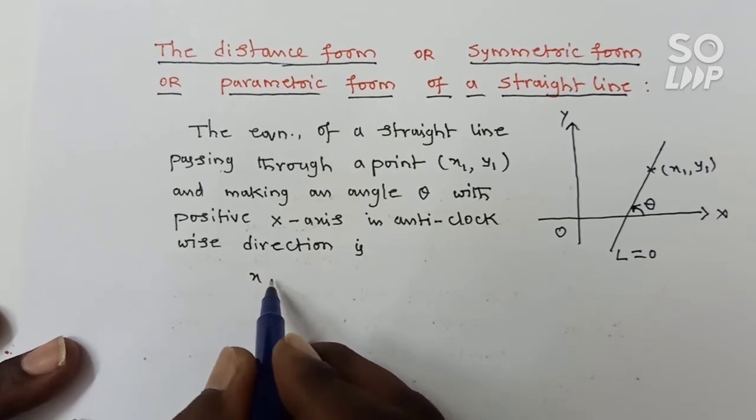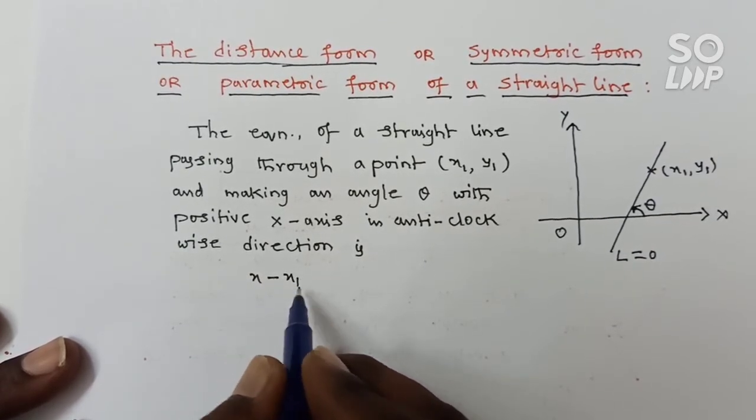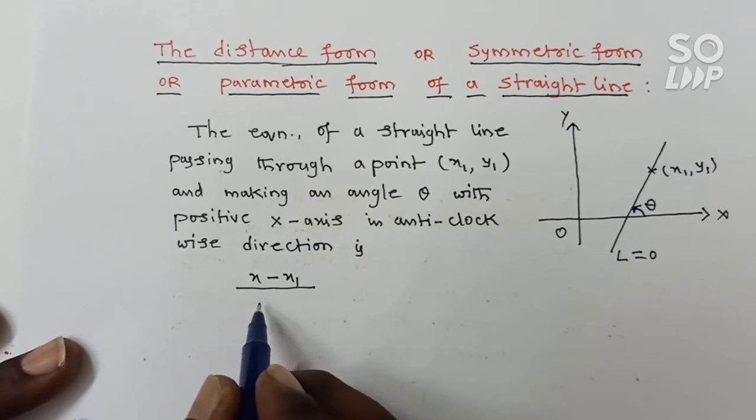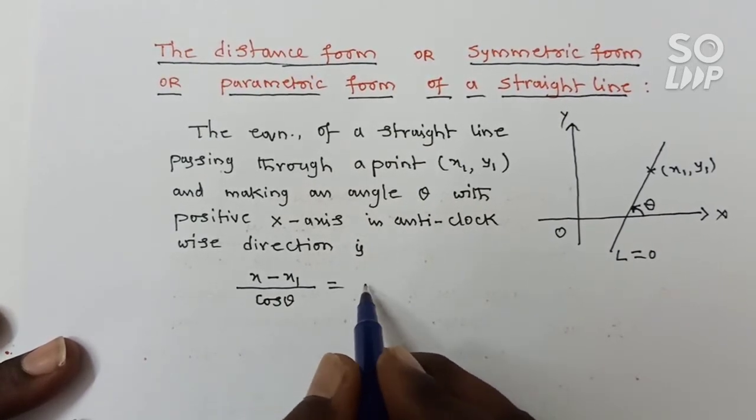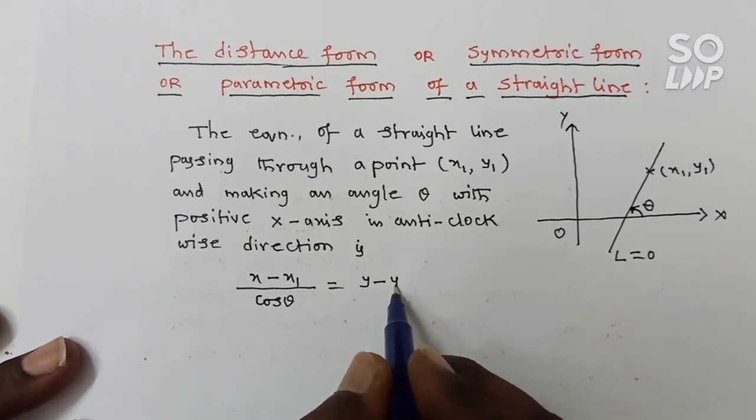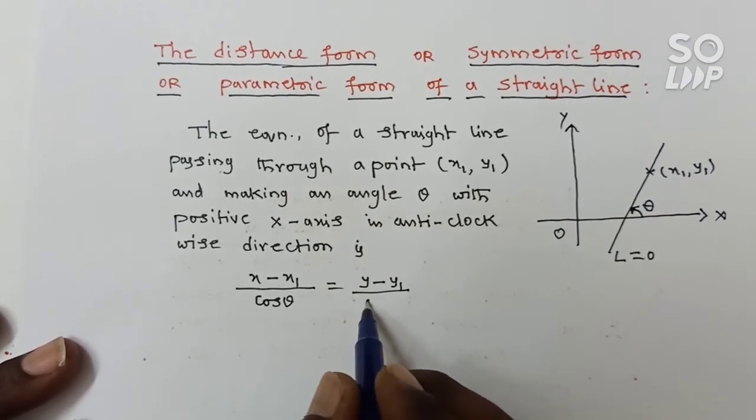It is (x minus x1) divided by cos theta is equal to (y minus y1) divided by sin theta.